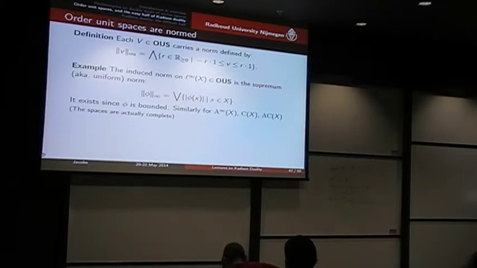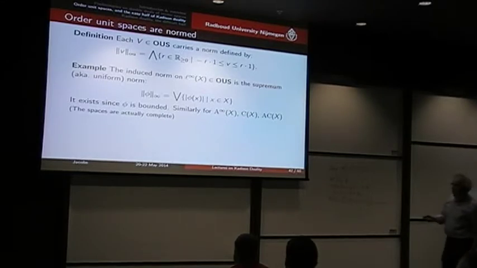What else? The induced norm, for instance, in this space L infinity of X that we saw earlier as an example of order unit space, is the so-called supremum or uniform norm. You simply take the supremum over all the absolute values that this function takes, and this supremum exists because, remember, these kinds of maps are bounded.